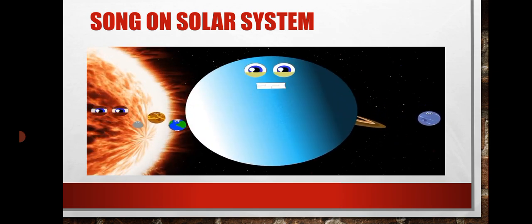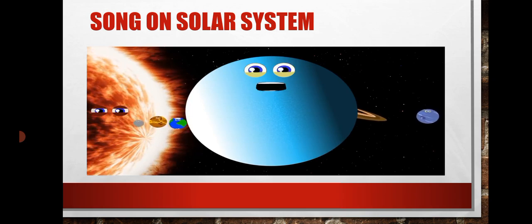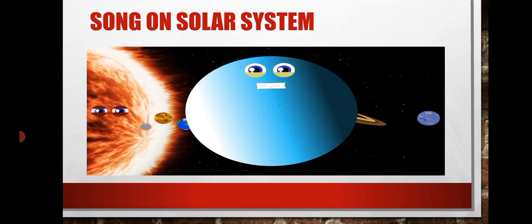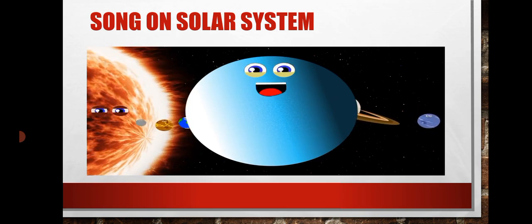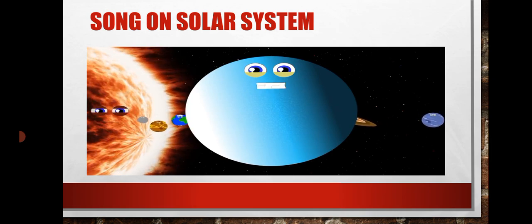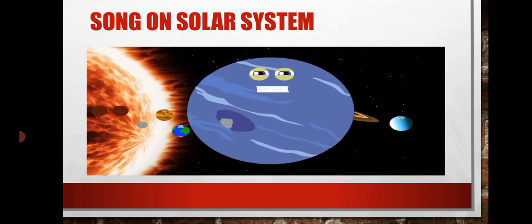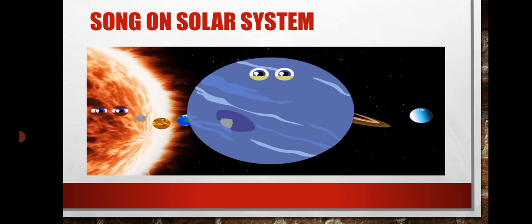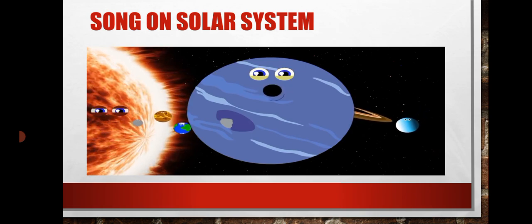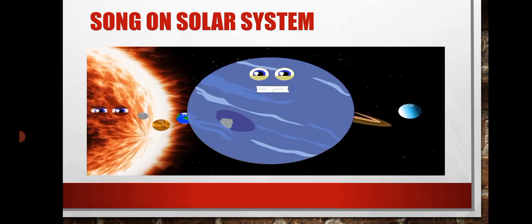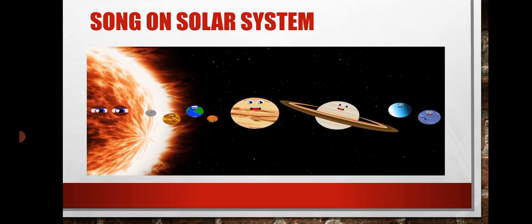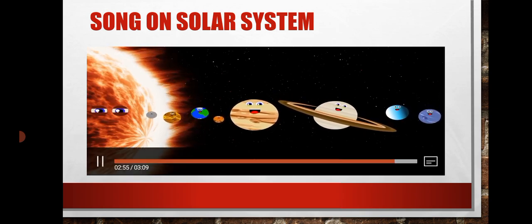My name's Uranus. I am blue in color. I'm the 7th planet from the sun. Humans have named me the icy planet because I am the coldest one. My name is Neptune. I am blue in color. I'm the 8th planet from the sun. I have too many storms in my atmosphere, and I'm the furthest planet from the sun. There are 8 planets in our solar system. We revolve around the sun.